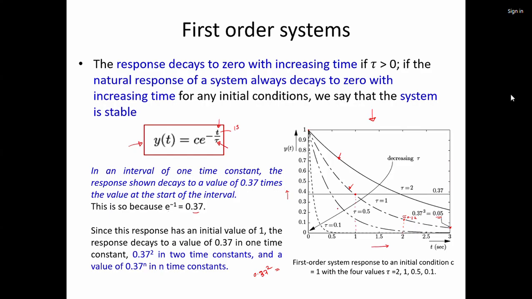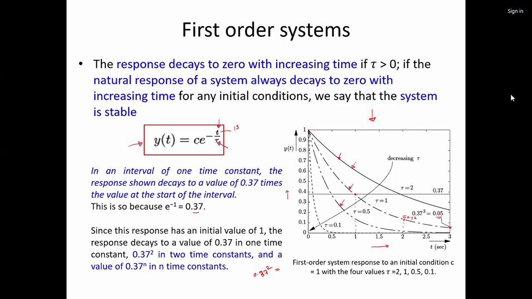But if you use a different time constant, if you use a time constant of 0.5, then the decay is going to be faster. But if you increase the time constant, go to time constant 2, your decay is slower.